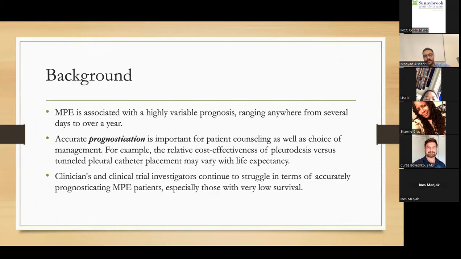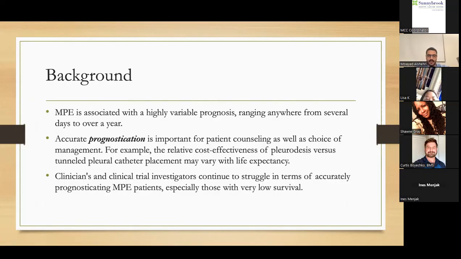The goal is accurate prognostication as an important factor for patient counseling, because this is one of the first questions they always ask about, as well as the choice of management. For example, the relative cost effectiveness of pleurodesis versus tunneled pleural catheter placement may vary with life expectancy.